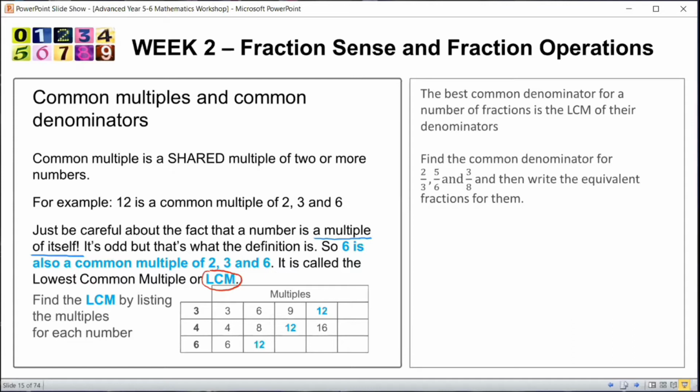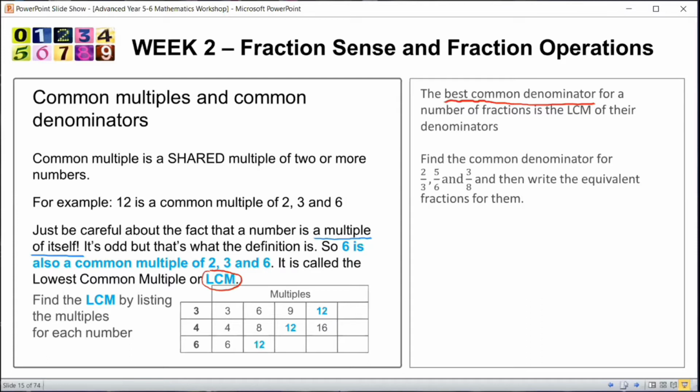And for 6, you got 6 and 12. So you see number 12 is shared between them. So the idea is that the best common denominator for a number of fractions is the LCM of the denominators.